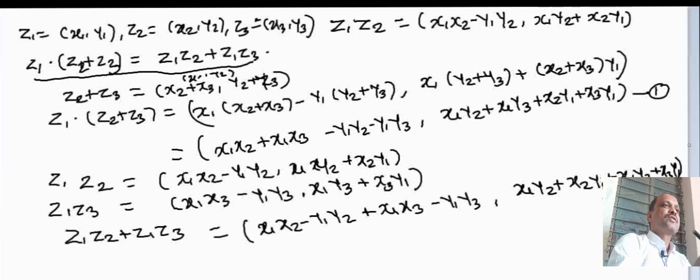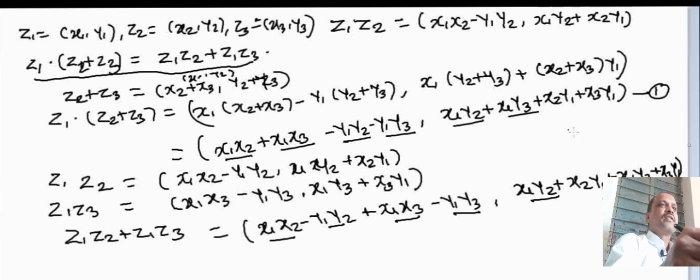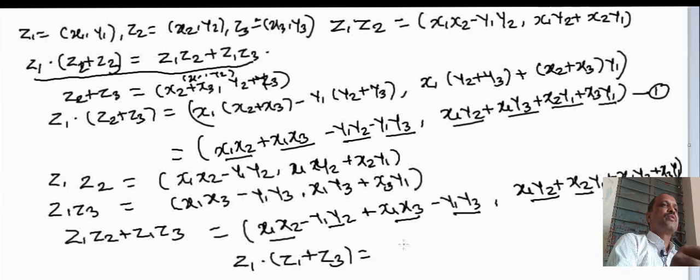We can see that x1 x2, x1 x3, minus y1 y2, y1 y3, x1 y2, x1 y3, x2 y1, x3 y1 all match. So, the right sides of equation 1 and 2 are the same, and using this we can write z1 into (z2 plus z3) equals z1 into z2 plus z1 into z3.